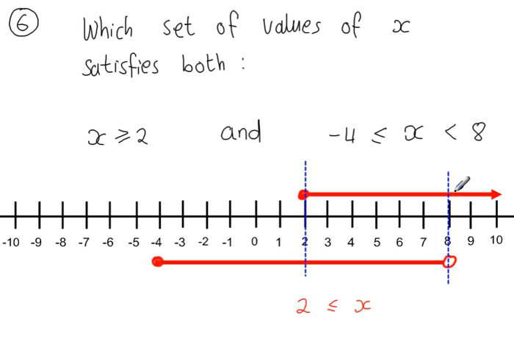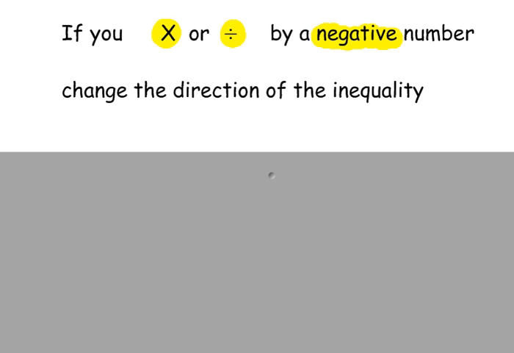Now down here, this one includes the 8, this one doesn't. So the region that's common to both would be this: x is more than or equal to 2 and x is less than 8. So just remember this, if you multiply or divide by a negative number, you change the direction of the inequality.